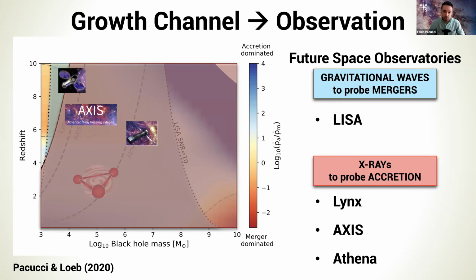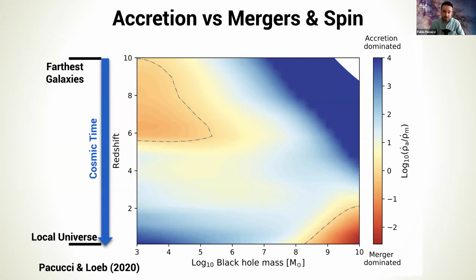So I just wanted to conclude this very brief presentation talking about another implication of our model, because we know from previous theories that if a black hole mostly adds mass via accretion, then it's expected to have a high spin parameter. Instead, if it mostly adds mass via mergers, the spin parameter is expected to be lower.